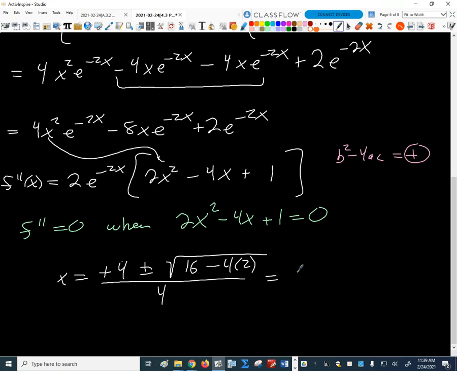So we're getting 4 over 4 is 1 plus or minus the square root of 8 over 4. So that's 2 radical 2 over 4, which would be the square root of 2 over 2, right? So we do get 2 critical numbers then. We know that the second derivative equals 0 at these 2 places. I mean, I shouldn't call them critical numbers. Those are zeros of the second derivative that we'll put into our table, right?